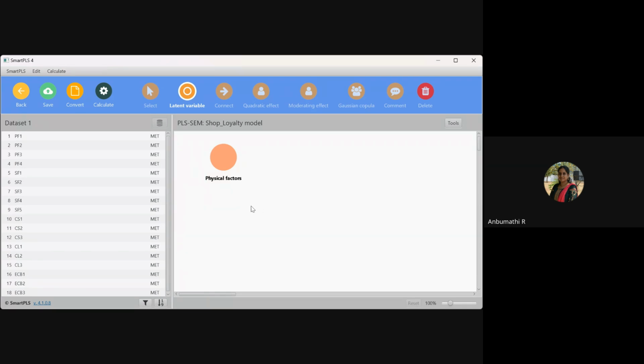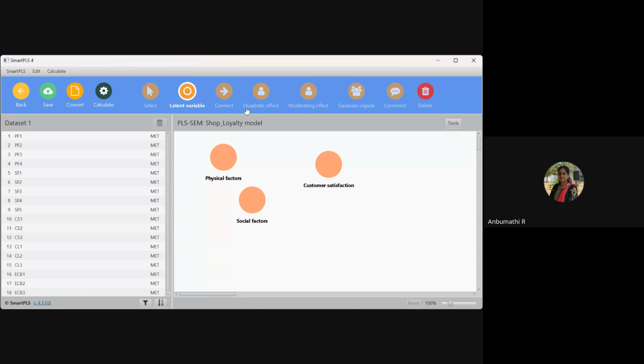Likewise, go to another vacant space and click again. Again, you will get that alpha. So again, delete it and give social factors, and then press enter. So we have physical factors, social factors, and customer satisfaction. Again, click in a blank space, remove it, type customer satisfaction and press enter.